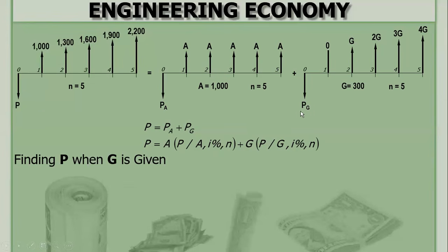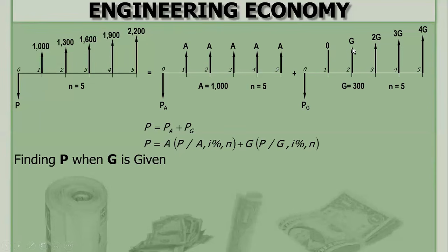How do we solve for P for the gradient component? So finding P when G is given. Consider everything as F and then we get the value of P, except the first, since it is zero.